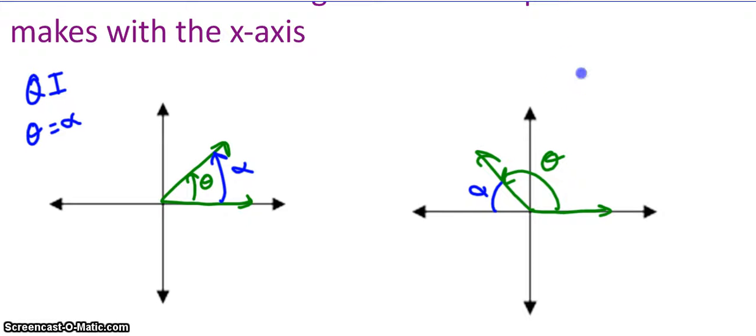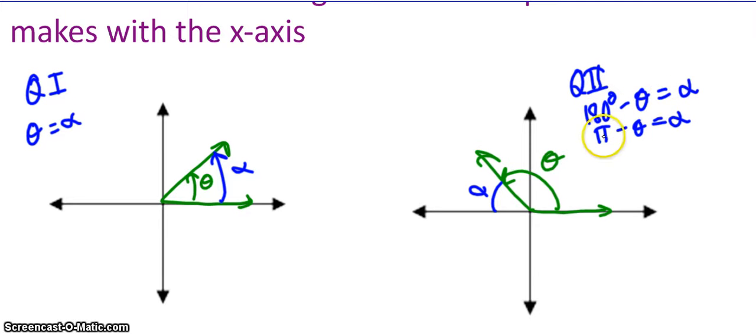If it's in the second quadrant, I know that halfway around the circle is 180 degrees or pi radians, and so if I subtract theta from that, that will leave me with alpha. So depending on if I'm in radians or degrees, 180 minus theta is going to equal alpha, or pi minus theta is going to equal alpha.